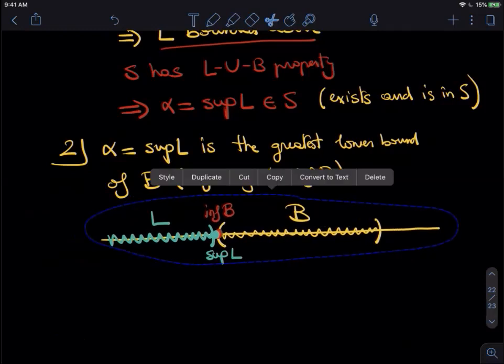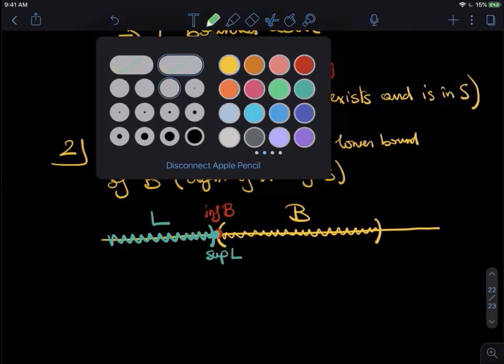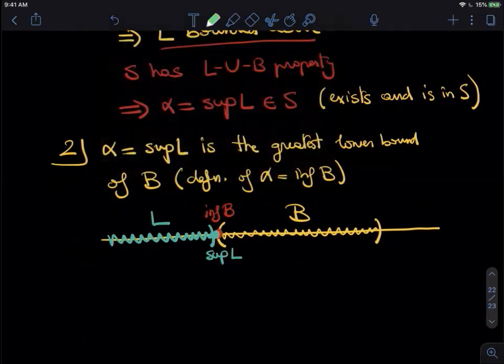So we are going to follow the idea in the diagram. We want to show that it's the greatest lower bound. This statement has two parts. We need to show that it is a lower bound, and we need to show that it's the greatest. So there are two things we need to check.